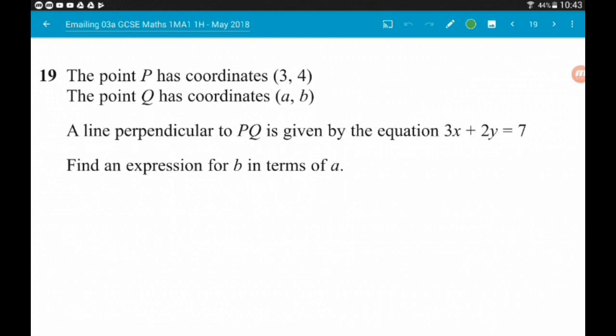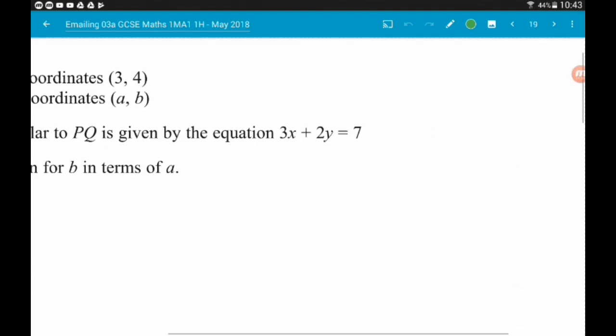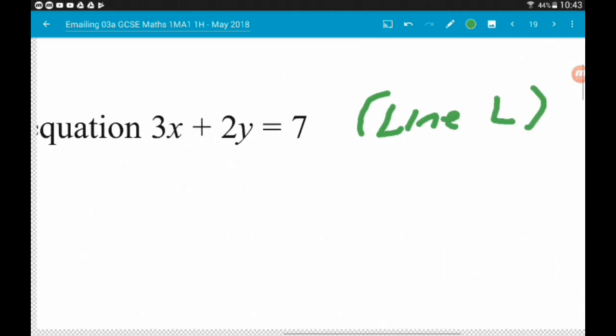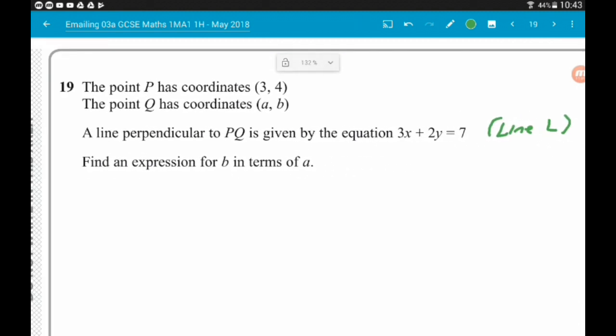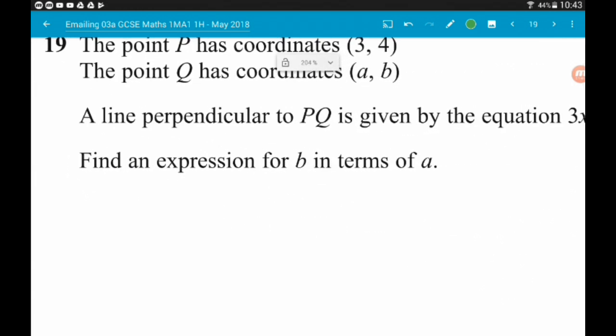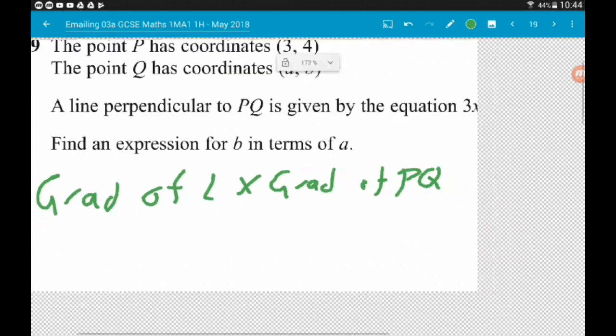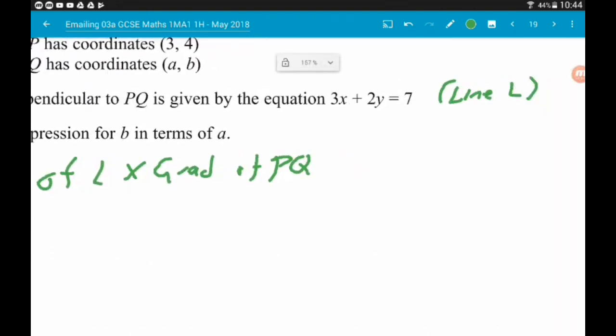So first thing, I'm going to call this second line L. Because L and PQ are perpendicular, the gradient of L times the gradient of PQ, because these lines are perpendicular, their gradients multiply together to give us minus 1.